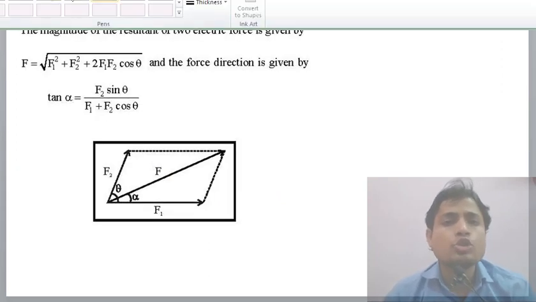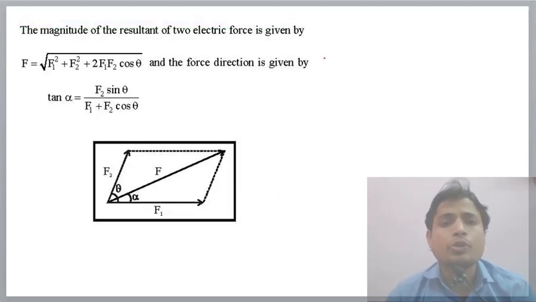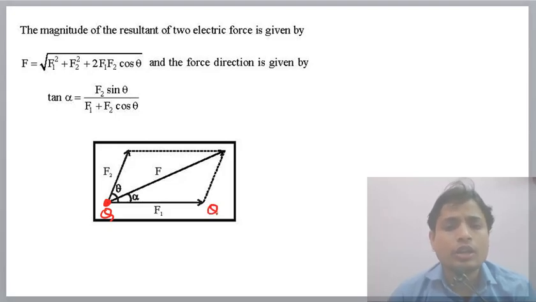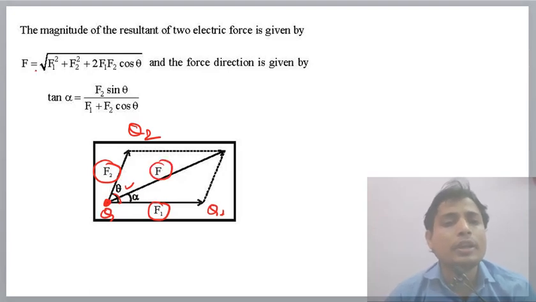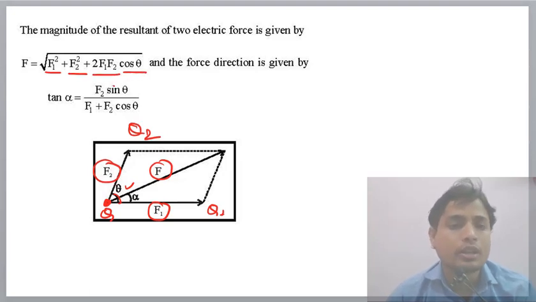Suppose there are two forces acting on a charge q, due to the charge q1 and the charge q2. Force f1 and force f2 have the angle theta between them. Then the net force F will be F equal to under root f1 square plus f2 square plus 2 f1 f2 cos theta.